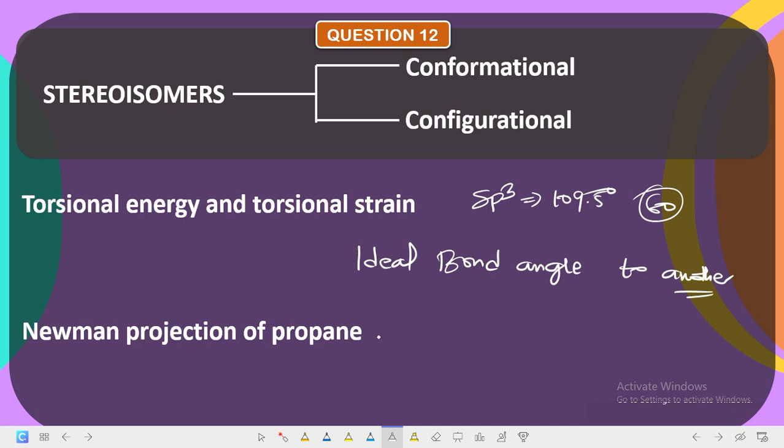Now the Newman projection for propane is, you have something like this. Then you have this and this and this. Now we said if you add hydrogen here, it means what? Ethane.